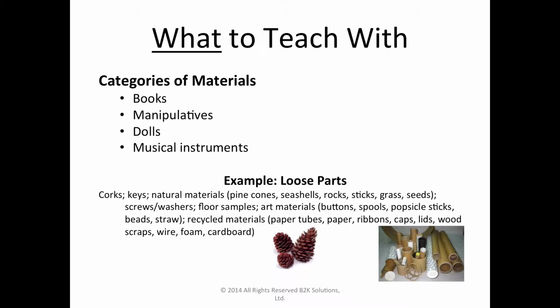So we can think about these kind of broad categories and then dig deep within a category. So we don't have to have books and manipulatives and dolls and musical instruments and loose parts. We might just pick something like loose parts and then go deep there. So we can get pine cones, and we can get grass, we can get seeds, but we can also think about art supplies, and we can think about recyclable materials, and all of this is under loose parts.